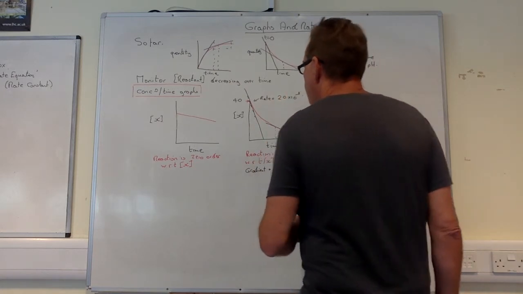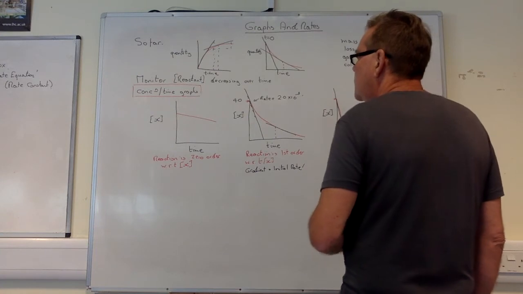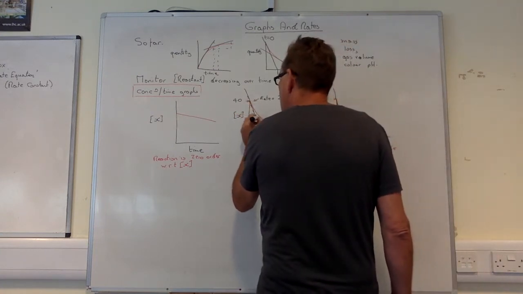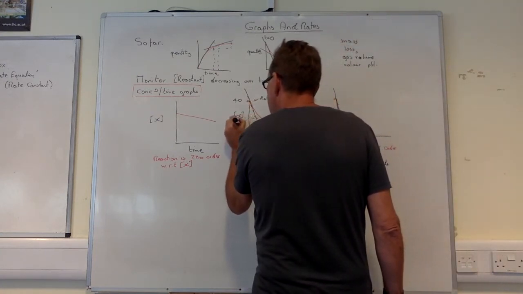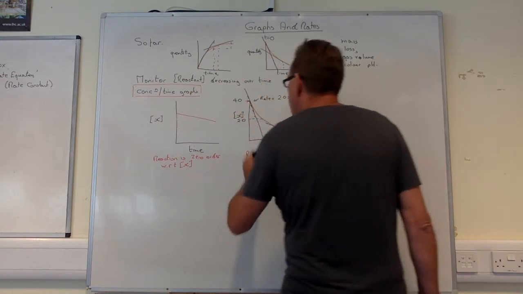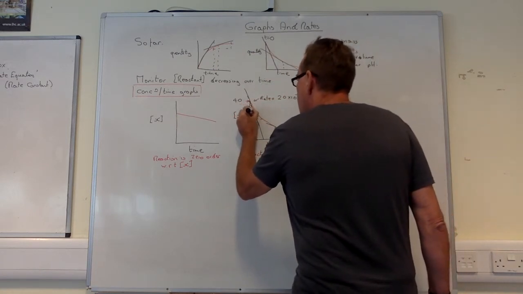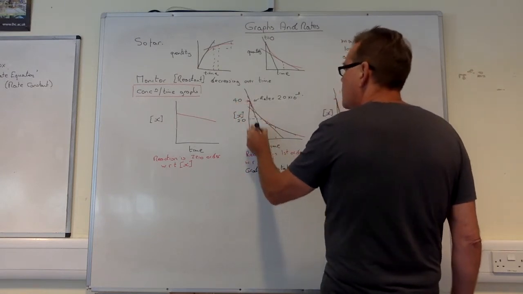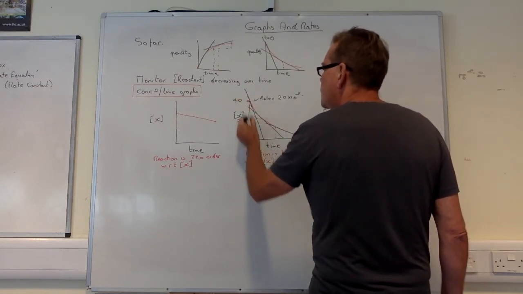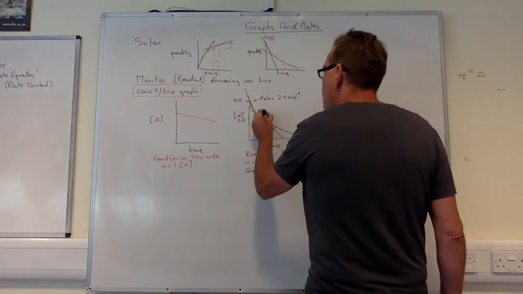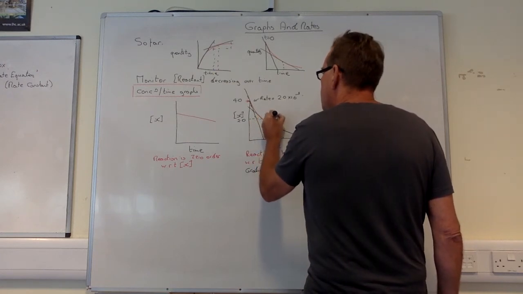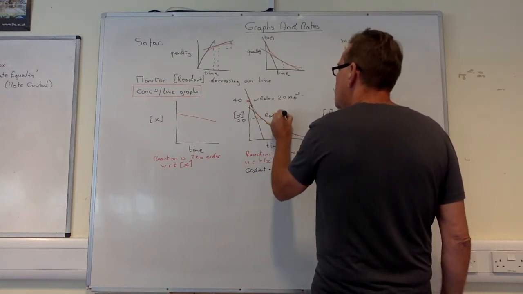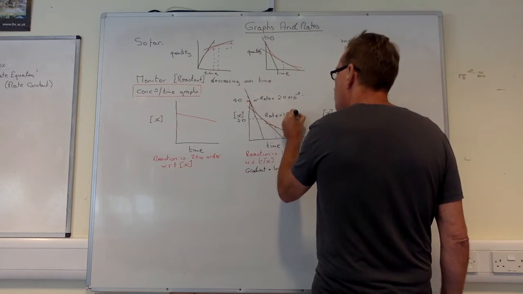Then you go down to half the concentration, 2, and you do a tangent there. Okay, and you work out the gradient of that, 4 to 2, half. Okay, rate, if it's first order, should be half.